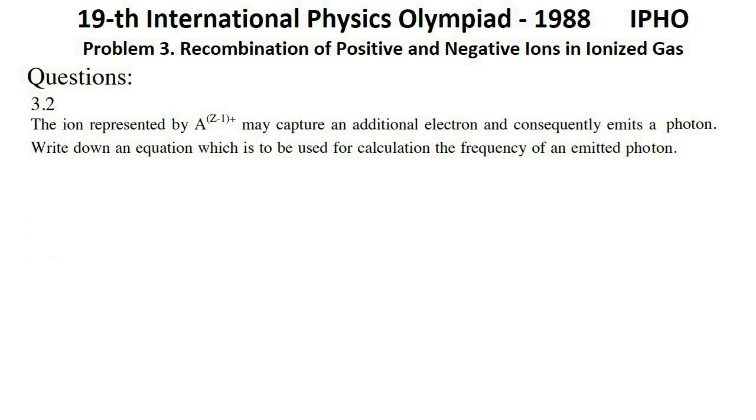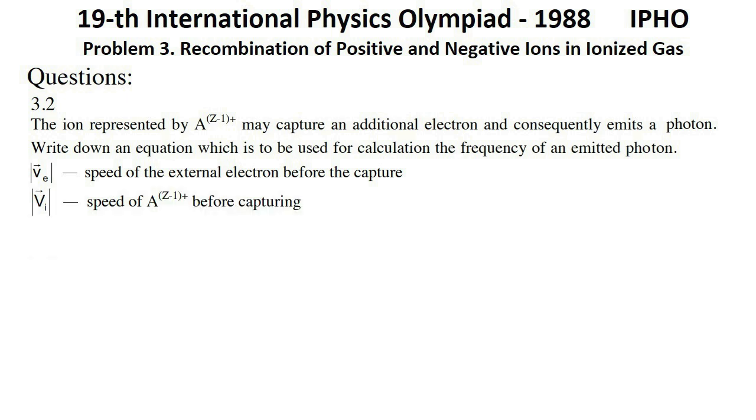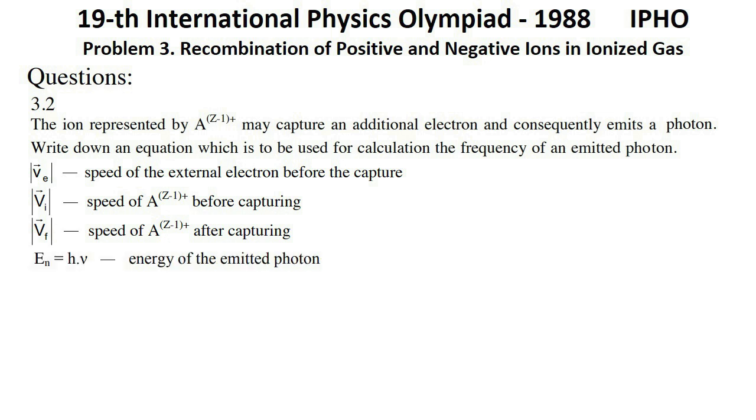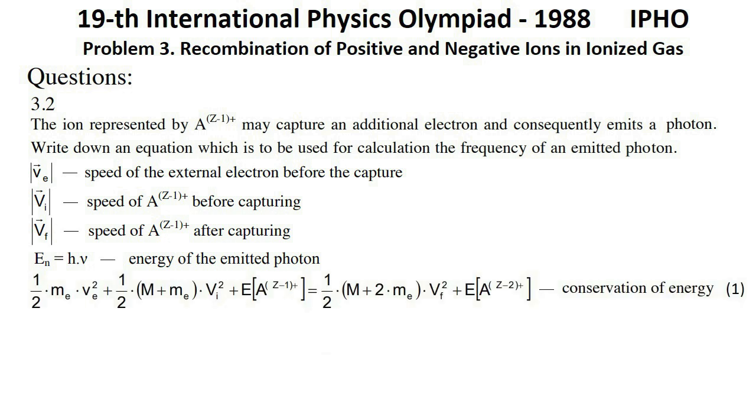Solution to question 2. Let VE be the velocity of the outer electron before capture, VI the velocity of AZ-1 plus before capture, Vf the velocity of AZ-1 plus after capture, and hν the energy of the emitted photon. Then the law of conservation of energy gives equation 1.